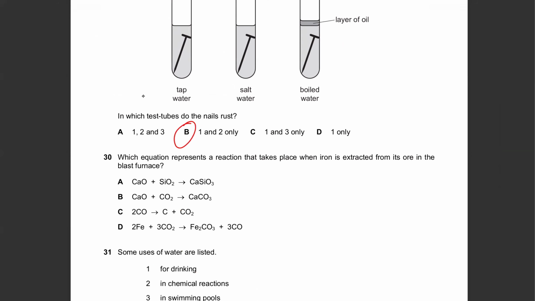Which equation represents the reaction that takes place when iron is extracted from its ore in the blast furnace? What is the reaction where iron gets extracted? It's going to be calcium oxide plus silicon oxide.